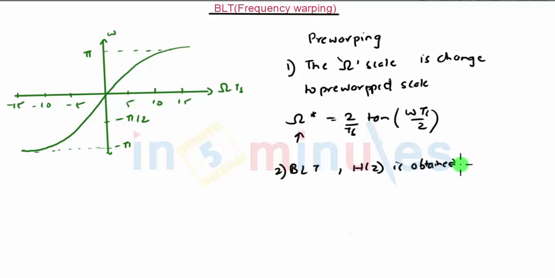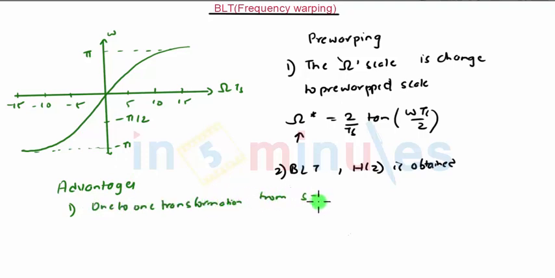Now there are advantages of the bilinear transformation method. Let us see that. First advantage, there is one-to-one transformation from S domain to Z domain. The mapping is one-to-one.